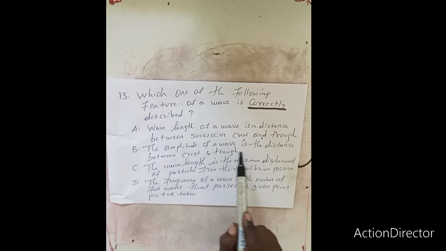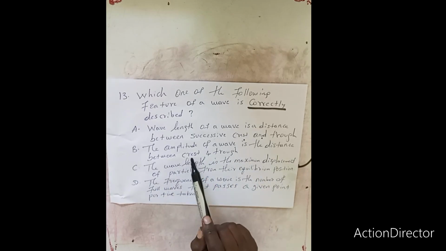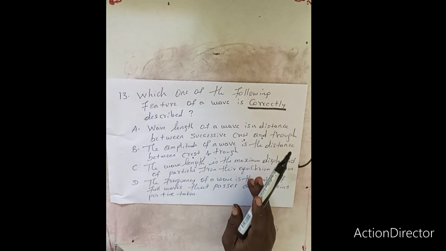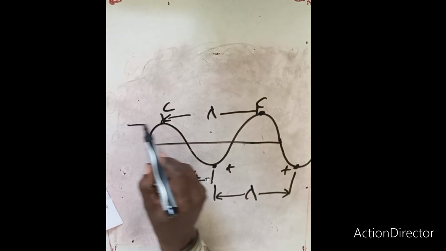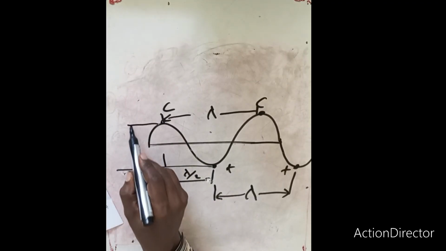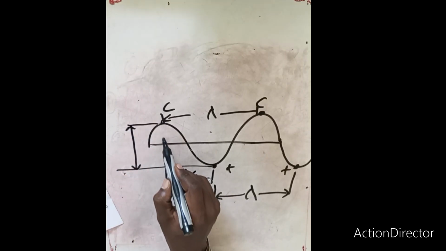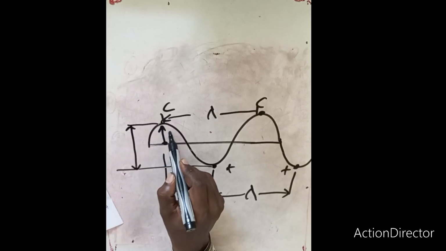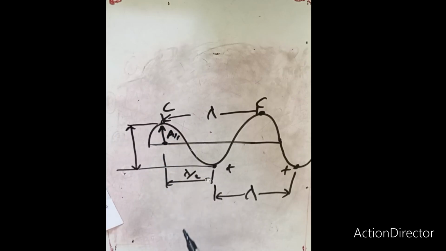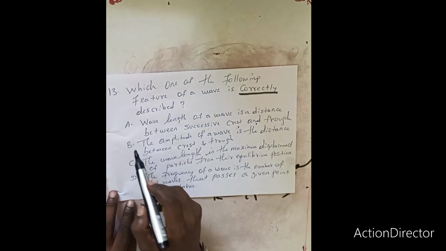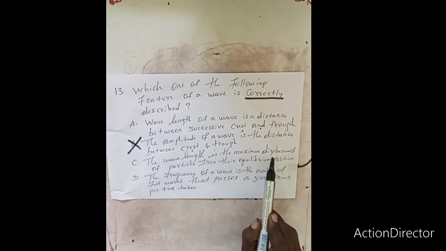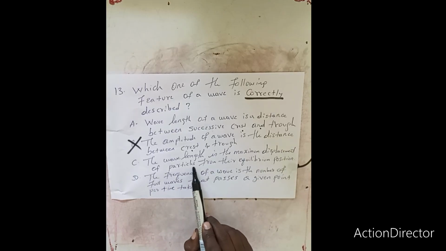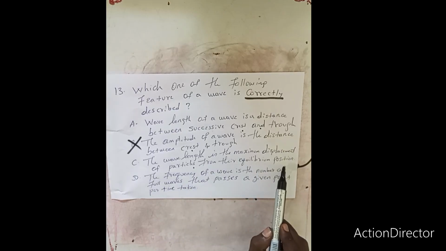B: the amplitude of a wave is the distance between crest and trough. The amplitude is actually from the equilibrium position to the crest, not between these two. So this is not the answer. C: the wavelength is the maximum displacement of particles from their equilibrium position.